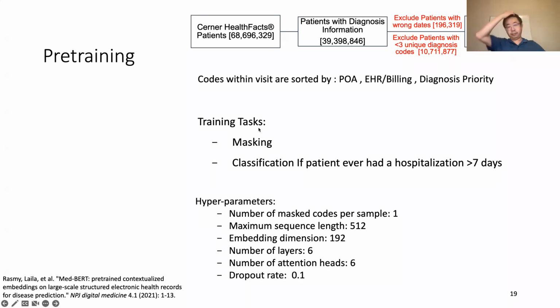For the pre-training task, BERT uses the so-called masked language model, which we follow, and we also add a classification task to predict the length of stay, basically whether it is a long hospital stay or not for the patient. And these are the hyperparameters we use, not that important.